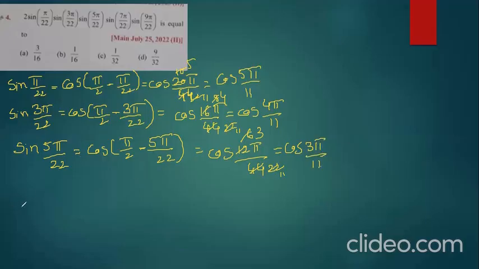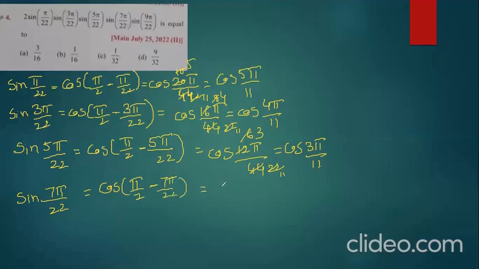And then the other one, sine 7 pi by 22. How do we write this? I can write this as cos of pi by 2 minus 7 pi by 22.